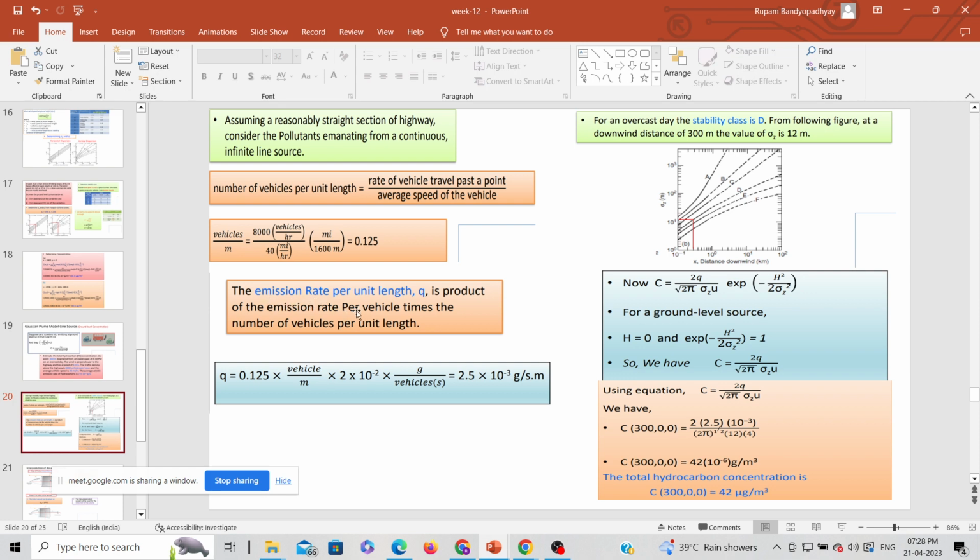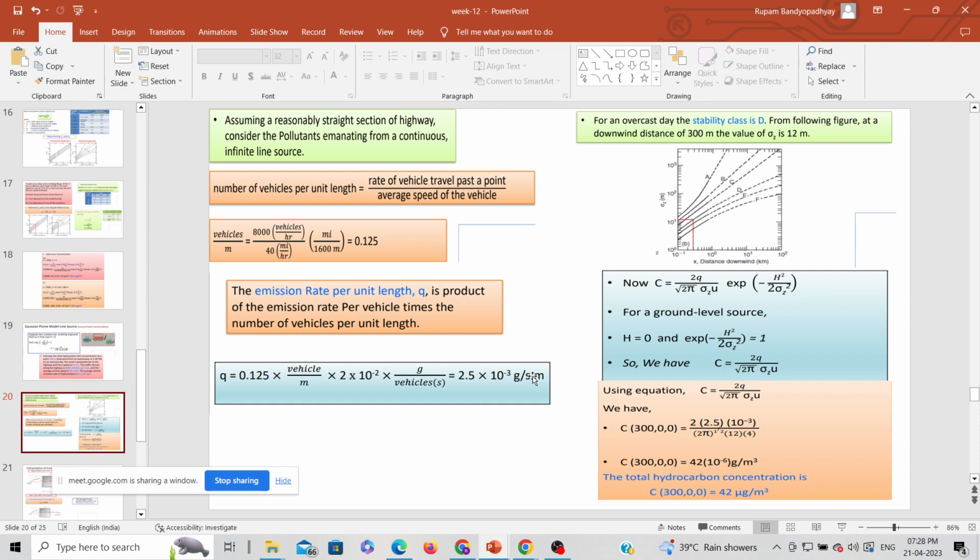The emission rate q is in grams per second per meter. So if you multiply vehicles per meter by the emission rate, you will get the emission per meter length.